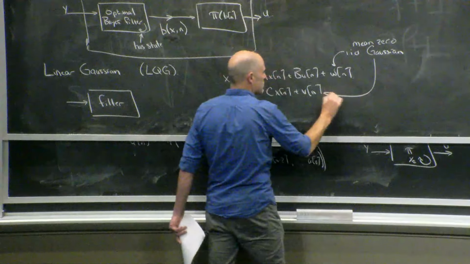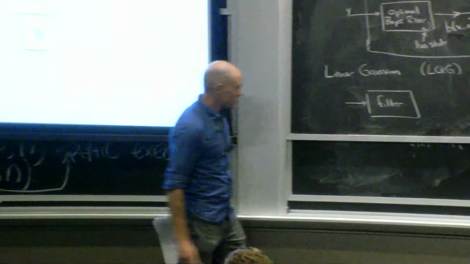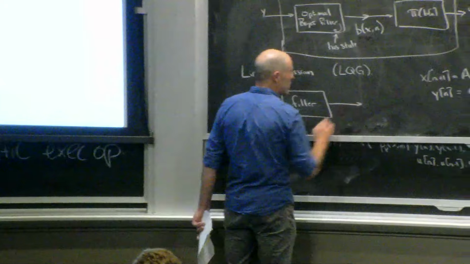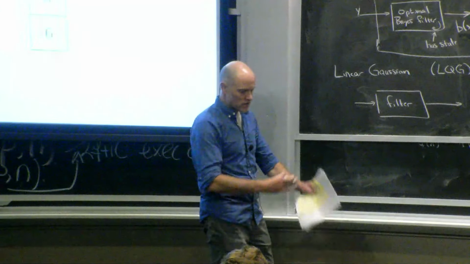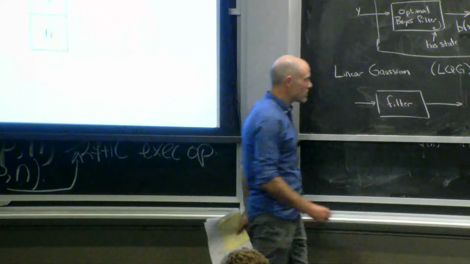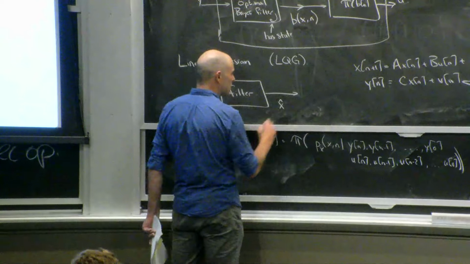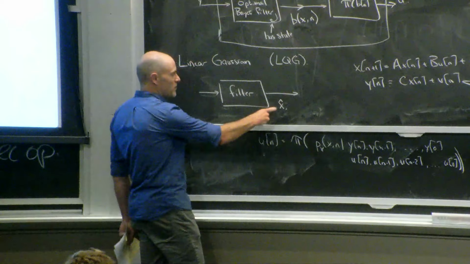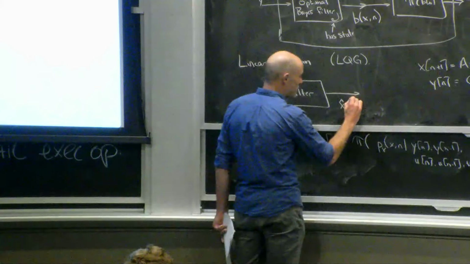And this one is also mean 0 IID Gaussian. In that particular form, we know how to perfectly represent the belief. We know that if we shove Gaussians through linear systems, we only get Gaussians out. So a complete representation of the output of the Bayes filter is given by the mean and the covariance.